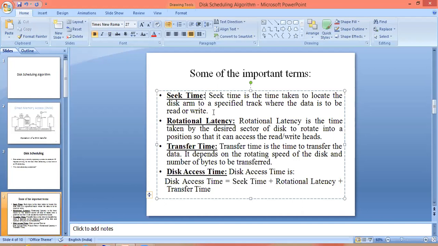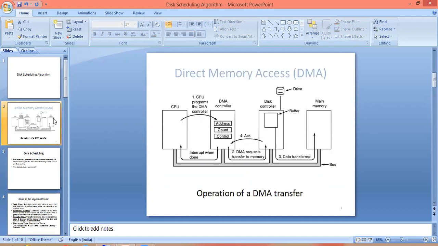Before moving towards all the theoretical definitions, consider any disk which resides in your node. That disk is a combination of a number of cylinders.